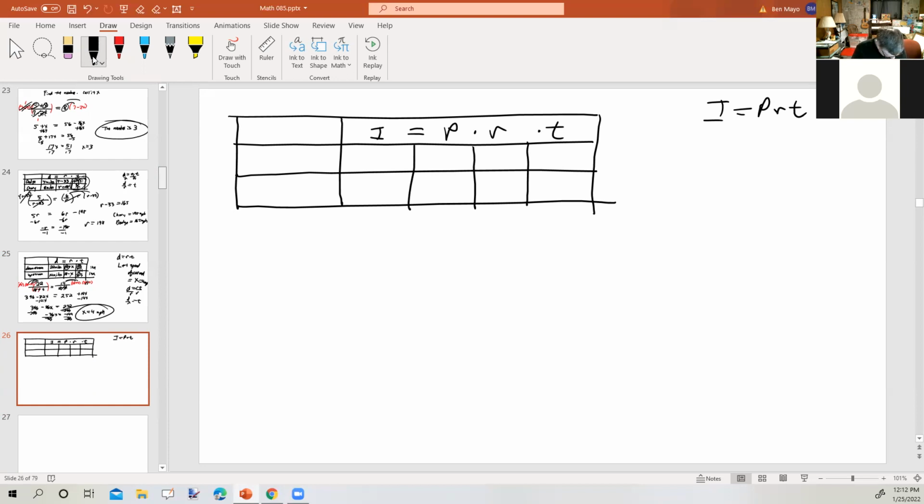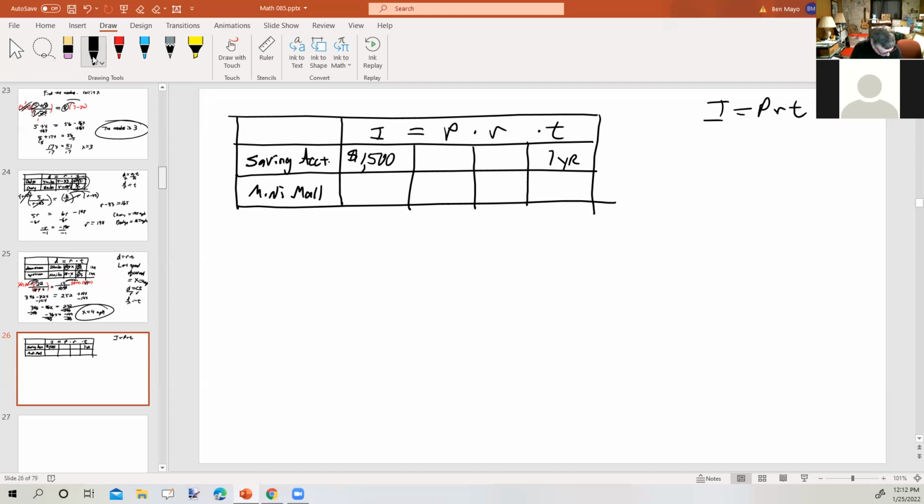All right. Let's see, we've got a savings account and a mini mall. Savings account, mini mall. Okay. An amount of money invested for 1 year in a savings account, so time is 1 year, will earn $1,500. So that's the interest.